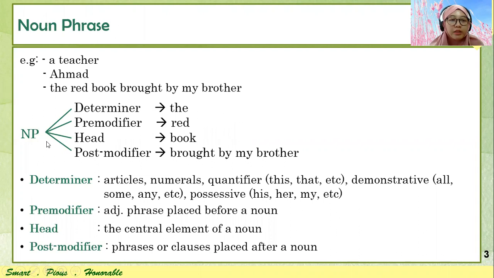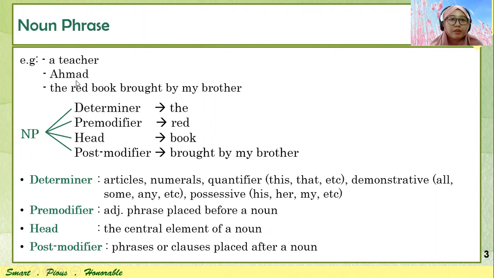Okay, so a noun phrase can consist of a determiner, a pre-modifier, a head, and a post modifier, but it doesn't have to be all of them. Jadi satu noun phrase bisa memiliki keempatnya atau memiliki hanya 3 atau cuma satu. Jadi cuma satu itu yang mana? Yang cuma satu pasti the head, ya, the main word.